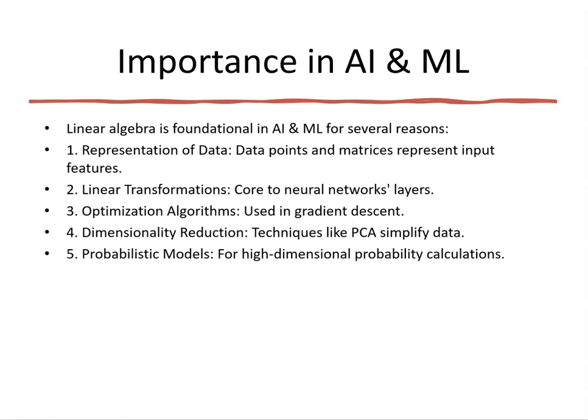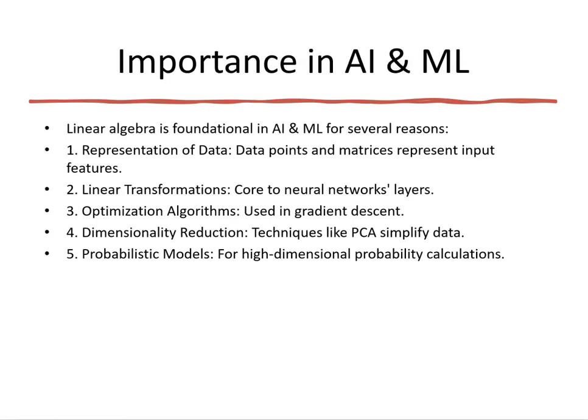So coming to the importance of linear algebra in AI and ML, it is foundational for several reasons. First, the representation of data, how you represent data points, matrices, and input features. And we'll talk about these input features, and I'll give some examples for regression and how to create matrices and how to solve it through linear algebra.